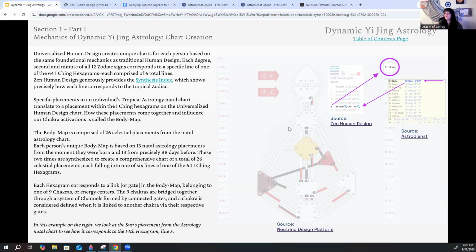The Human Design chart looks at your natal birth chart, which is the one that everyone knows about themselves, and frequently it's when you were born. And then it takes a different natal chart from when the sun was 88 degrees prior, or roughly around 88 days before your birthday. So it takes two natal charts.